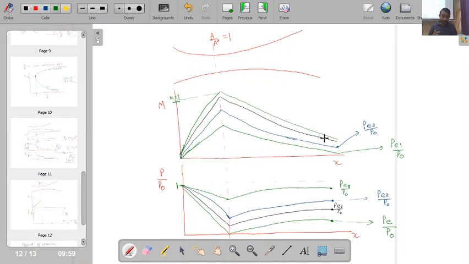Fine. So it means that for different values of pressure difference across the nozzle, I can have different variations of the Mach number, and for all these situations, Mach number is less than or equal to 1. So it means that in case of a subsonic situation, I have the presence of an infinite number of isentropic flow situations depending upon the pressure drop across the nozzle.